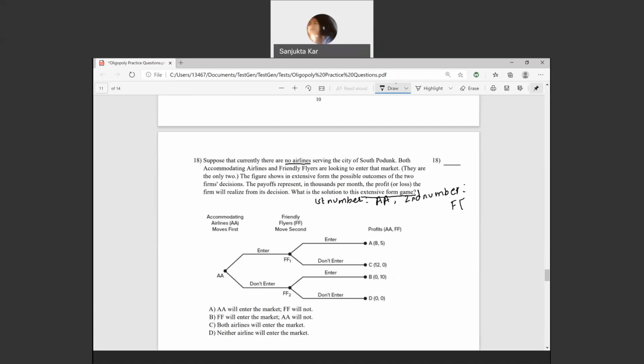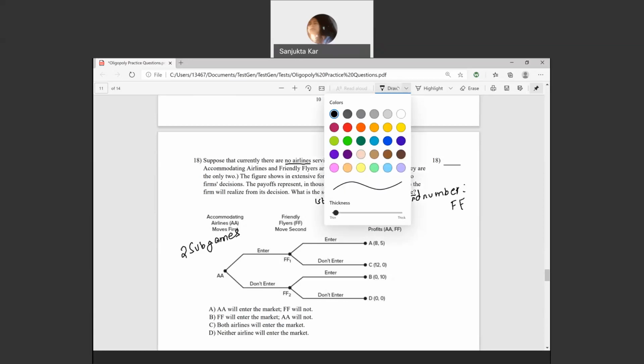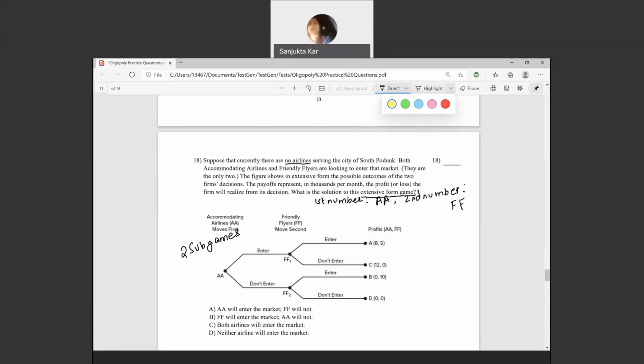Now, there are two subgames. I'm going to start from each of these subgames. Let's highlight the subgames here. This one is subgame 1, and this one is subgame 2. What am I going to do now?